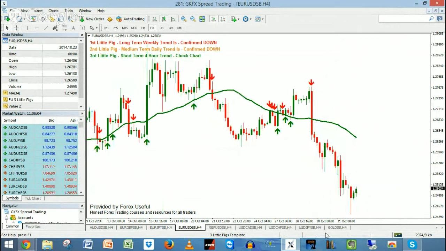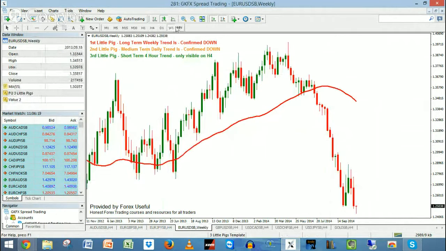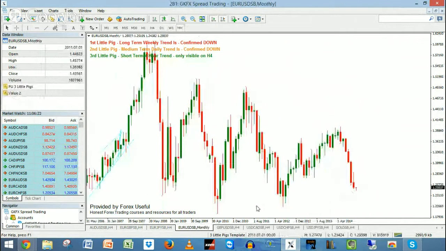Onto Euro USD. We're positioned short here, and our stop now is just about break even. So we've got a risk-free trade here, and like I said, if the euro does fall off, we can see here that there's some support down here for the euro against the dollar.